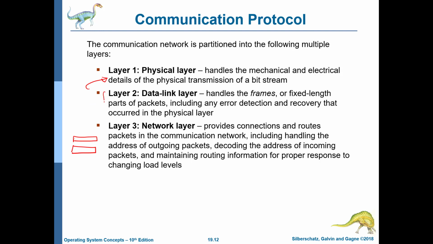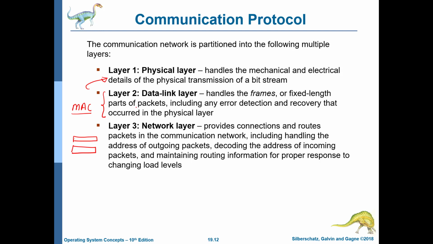The layer on top of it, known as the data link layer, is also called the MAC layer, the medium access control layer. It handles the frames, or fixed length parts of the packets. Its main job, at least in a wired network, is to do error detection and recovery, figuring out where there are errors in the packet.